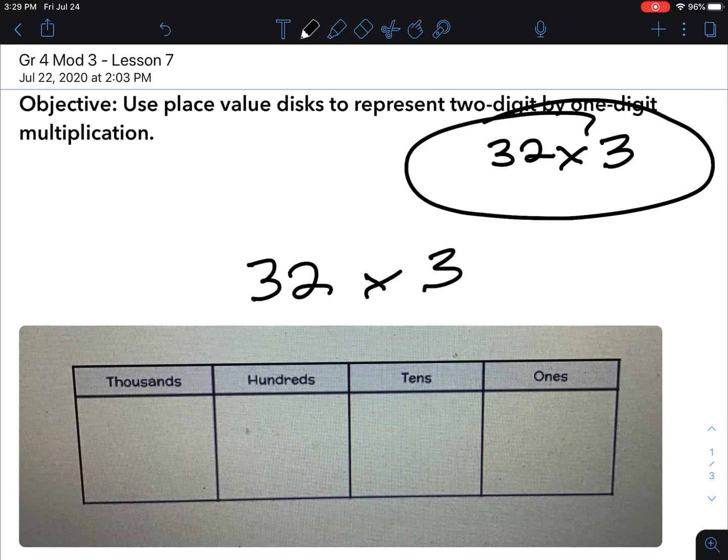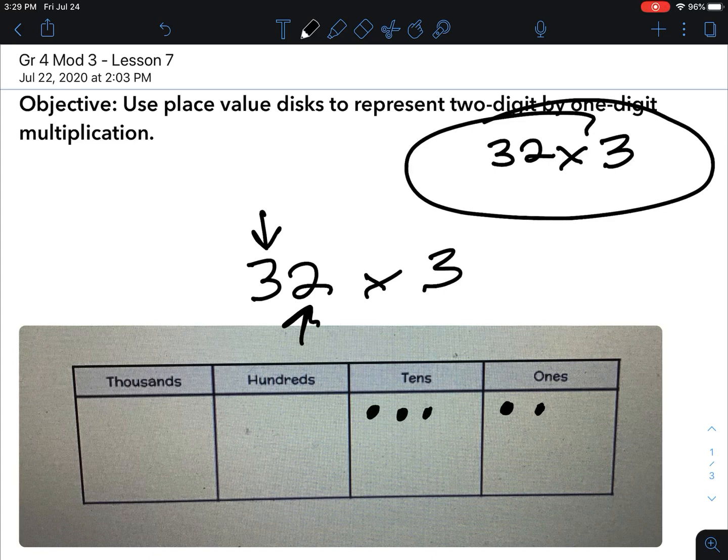You take your big number, 32, and you put the correct number of disks in the right place value. Start with the smallest, I think it's easiest, the smallest place value. That's 2, right? 2 is in the ones place. So I'd put 2 disks in the ones place.